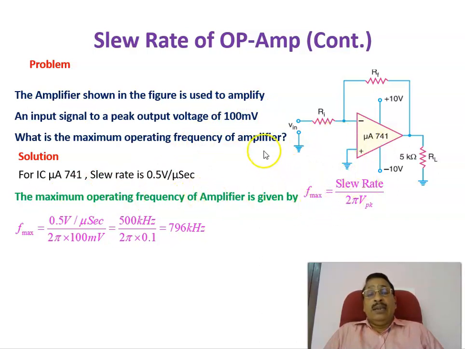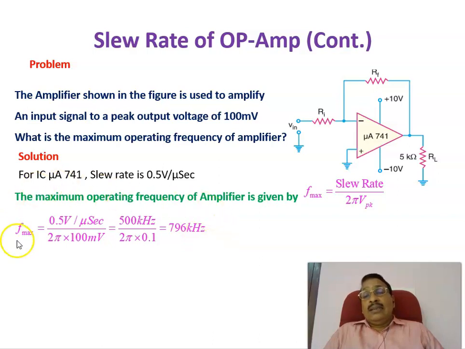F max is the slew rate divided by 2 pi times V peak, that is 0.5 volt per microsecond divided by 2 pi times 0.1 volt. Substituting in this equation, we get 796 kilohertz. Therefore, this IC741 with this output voltage can be used for a maximum frequency of 796 kilohertz.